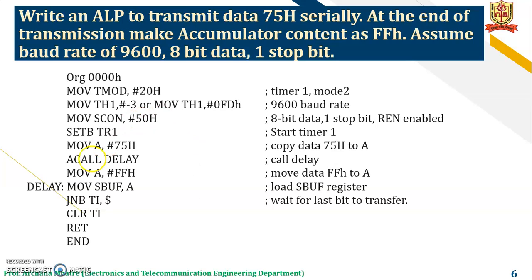Again, the TMOD will be loaded with the 20H value, indicating Timer 1 mode 2, and the TH1 value should be loaded with -3, or FDH, indicating 9600 baud rate. Then the SCON register value should be loaded with 50H. Start the timer, then move 75H data to the accumulator and call delay.